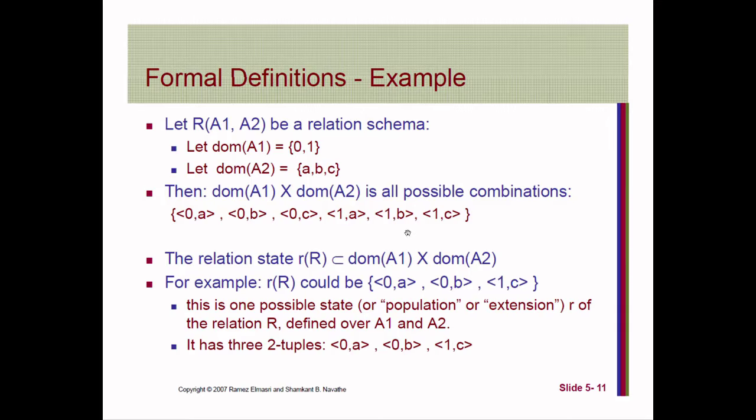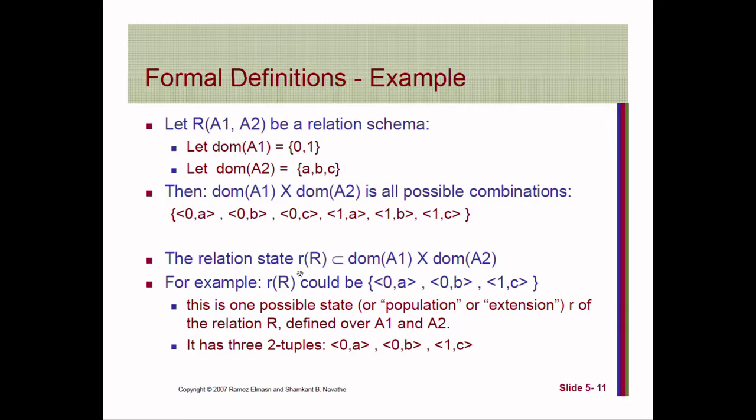In fact, any possible tuple value that can be inserted in the relation R must come from this set. Is there any other tuple value that can be inserted in the relation other than these six? The answer is no, right? Because we have taken the domains of the attributes and the Cartesian product of all possible combinations. Therefore, any tuple value that can be inserted in the relation R must come from this set.